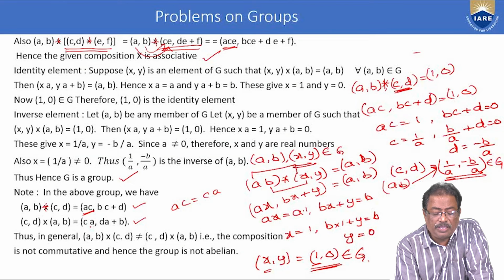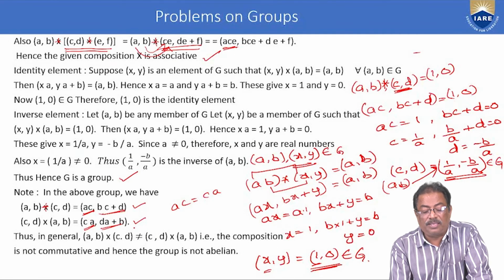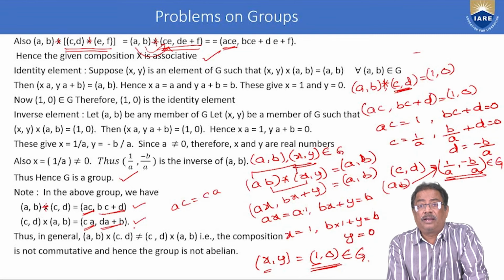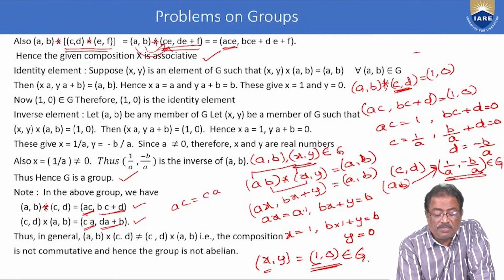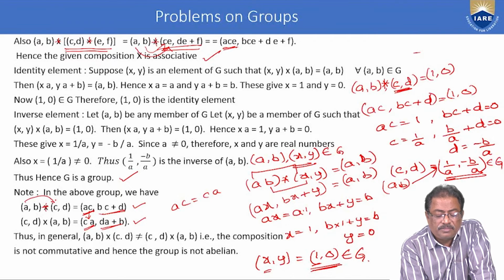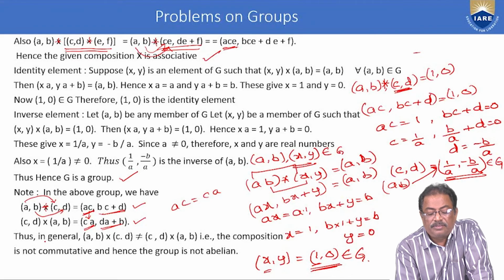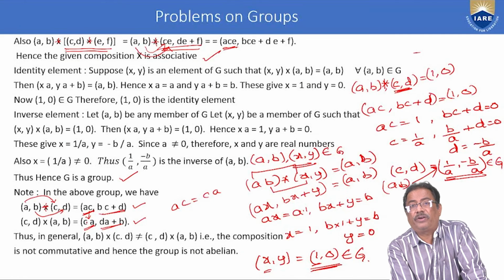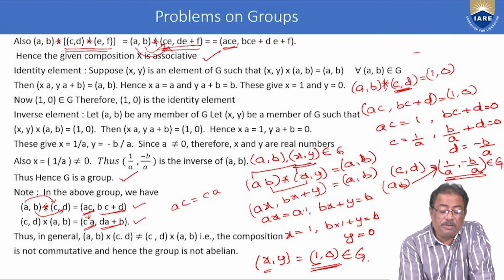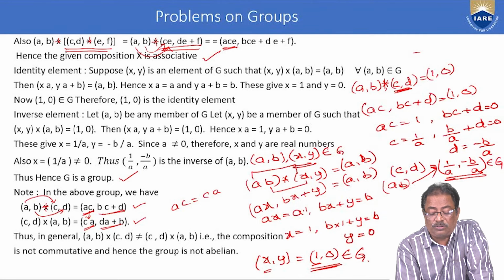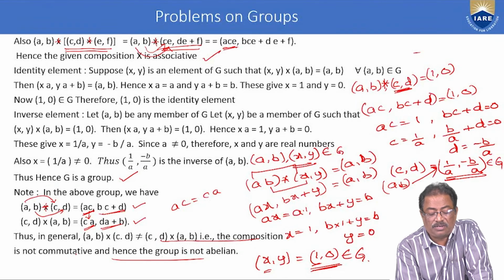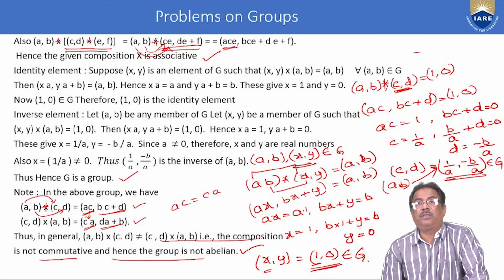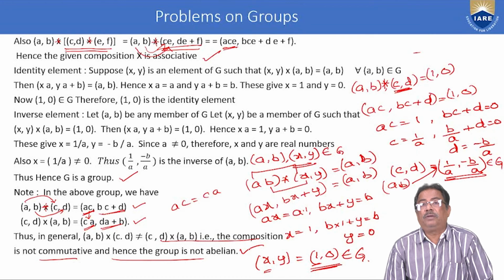If this is equal and this is equal, but BC plus D and DA plus B are not equal, then this is not equal to this because A is not equivalent to C and B is not equivalent to D. So these are entirely two different ordered elements, and these two are not equal to each other. So the composition is not commutative. So it is not an abelian group.